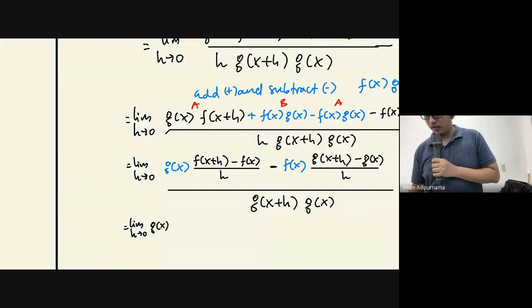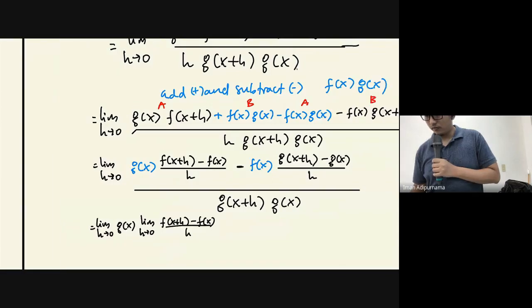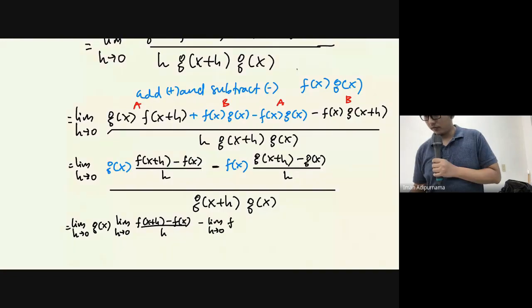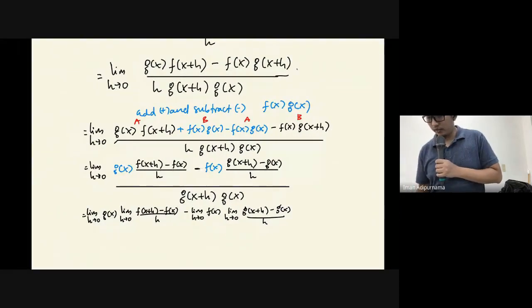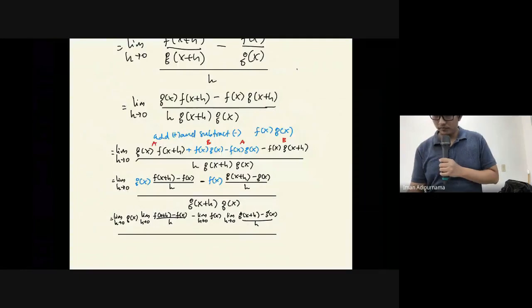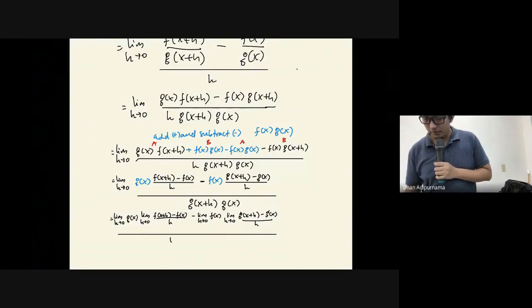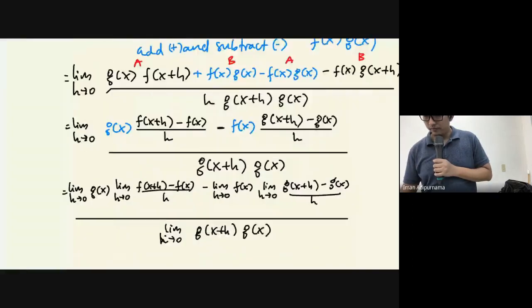Let's just say g(x), and then the limit, and then divide all, and also the limit as h goes to 0.